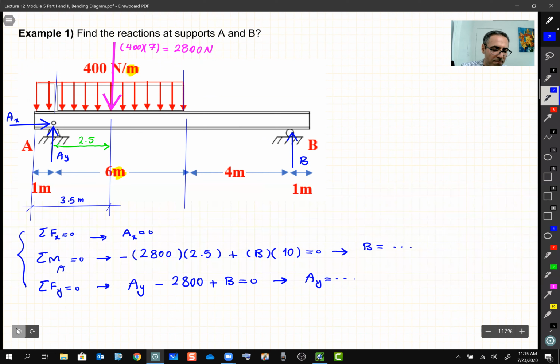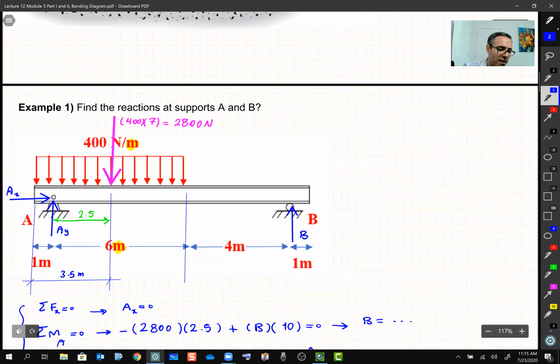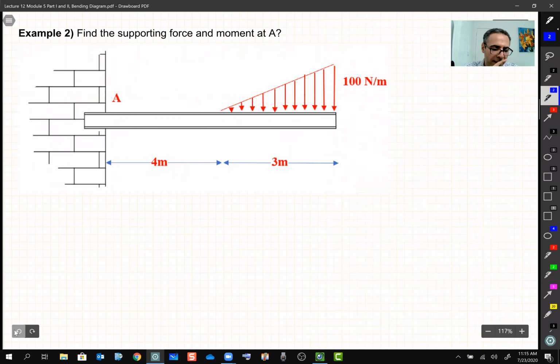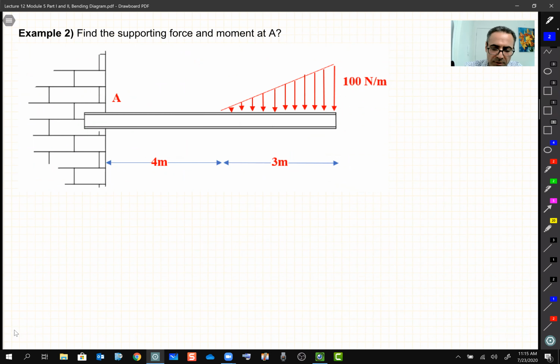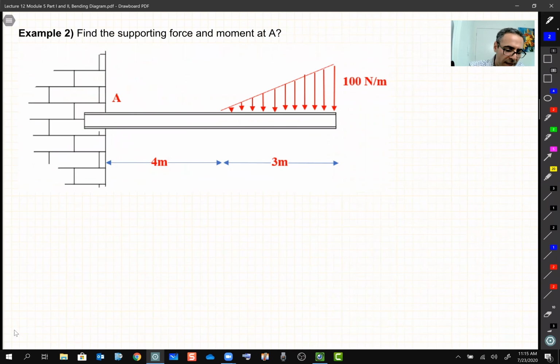Let's clean this up. Not that one, here. Okay. So as I said, we start with the free body diagram. We know that this guy, a fixed beam, has a moment here.